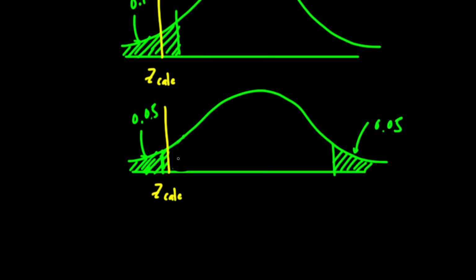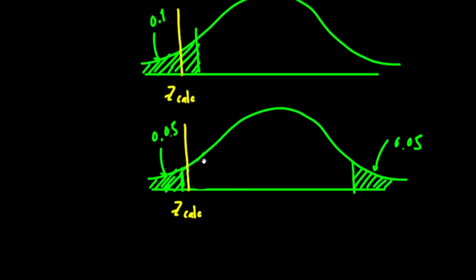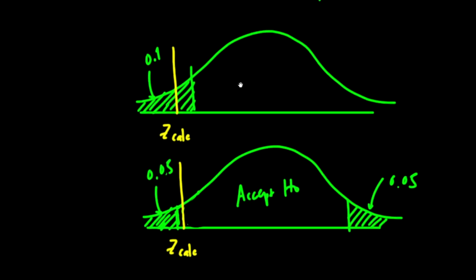Tapos ang conclusion ko dito is wala siya sa critical region. So in this case, sasabihin ko na accept H0. Tama? Kasi pasok siya dito sa accept H0. Pero dito sa case na to, same values, ang difference lang is one-tailed test to. Dito sa scenario na to, pasok siya sa reject H0 region.